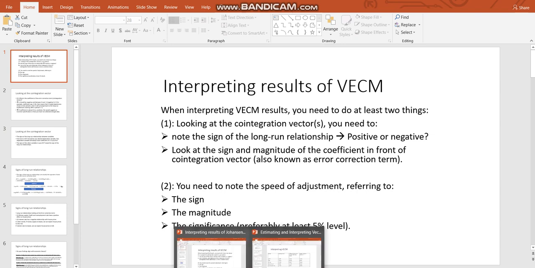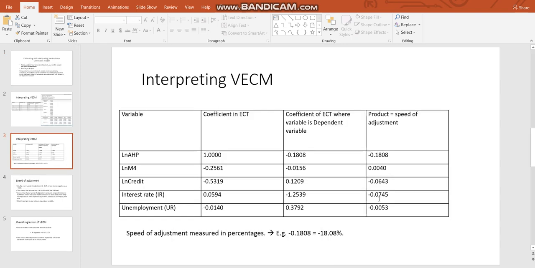If we want it to be statistically significant, we want something that's more negative than minus 0.05. So this ticks the box, that ticks the box, that ticks the box. That's the wrong sign, but it's also statistically insignificant, so that's not as bad. This one's the right sign, but unfortunately it's not statistically significant because it's not more negative than minus 0.05.